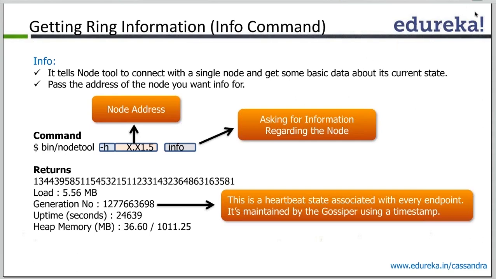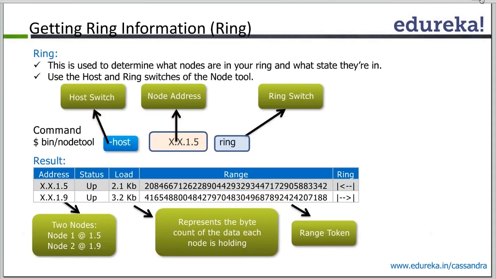Similarly, you have commands for different things. If you say ring, it gives you the ring information, the different partitions which are there and the status of each of those partitions or the nodes themselves.